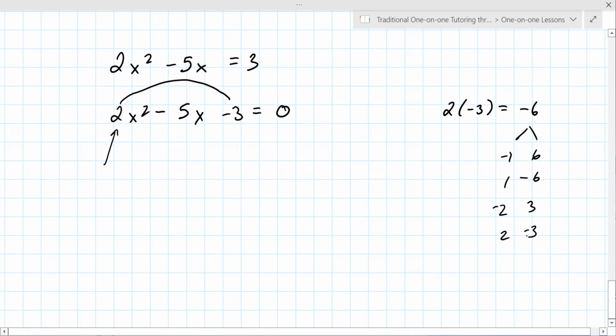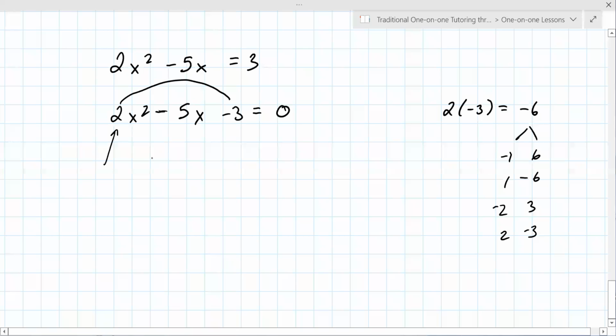Doesn't really matter. But what is the correct one? The 6 has to be negative because it's -5. So it'd be -6 and 1.